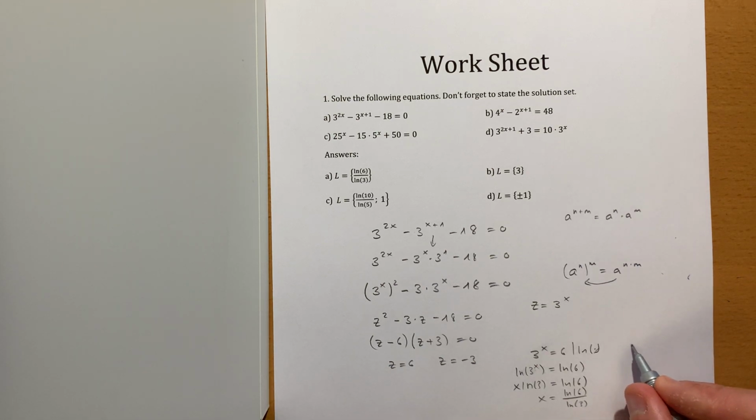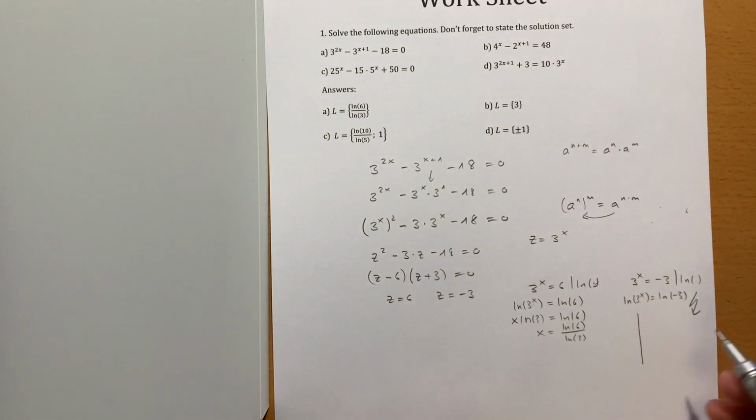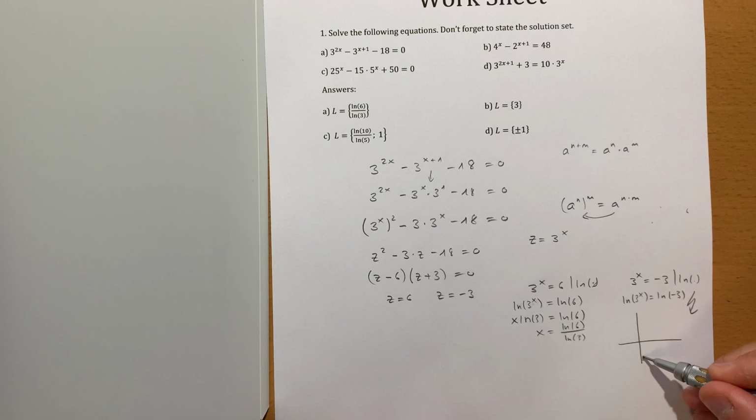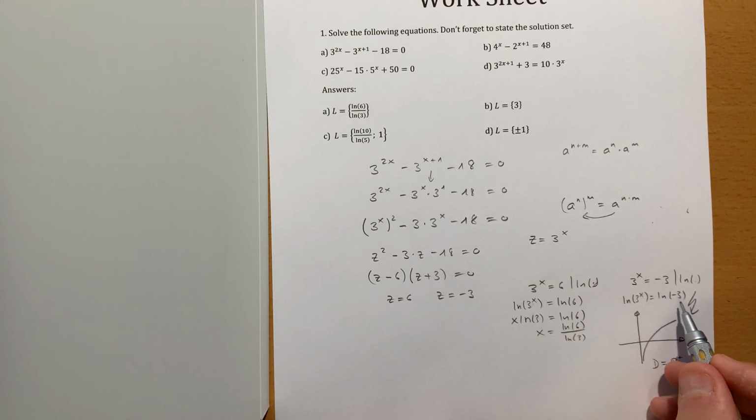And then the next one, 3 to the x is minus 3. Again, let's use ln on both sides. So ln 3 to the x is ln of minus 3, and this doesn't work. Why is that? Because the ln function looks somewhat like this, and that means its domain is R plus, and minus 3 is not in that domain.